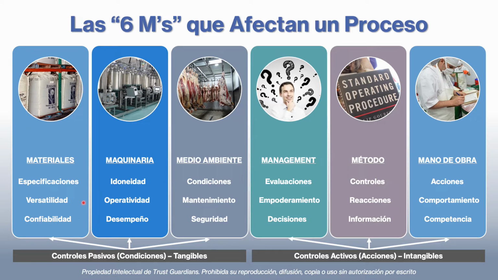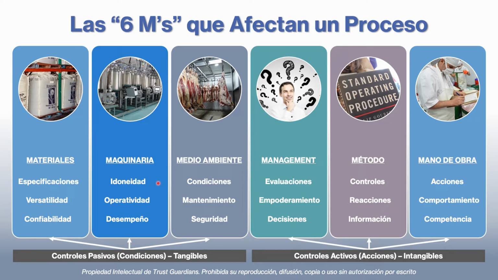So at the end, there are 3 levels. We are going to discuss it later, but now we need to consider that this first requirement, this first key element about materials, is all that is related to the product that is going to be with the consumer, the final customer, the consumer.